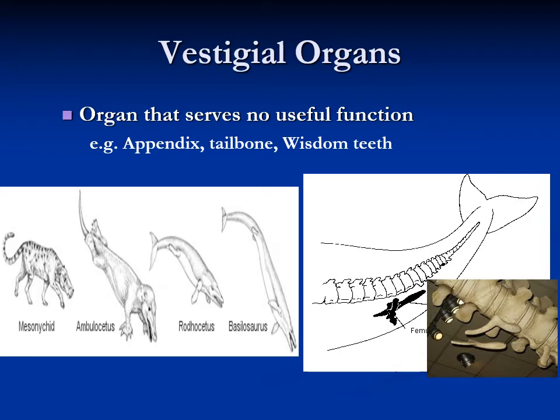And then smaller and smaller, and then current day whales still have a little tiny pelvis and a little tiny femur in there that's in their blubber. And then you can see it over here in this actual skeleton, the remnants of their back hind legs.